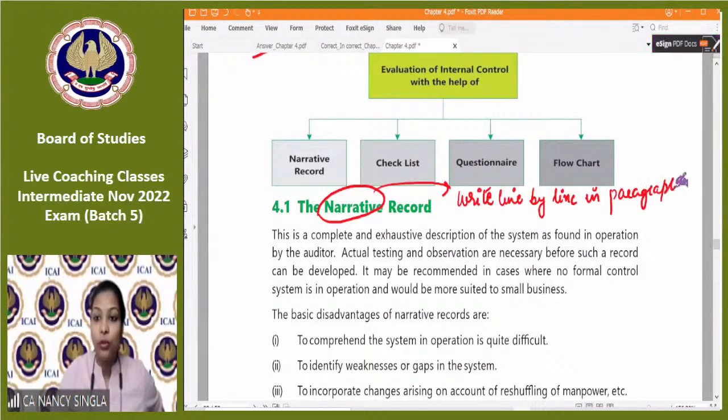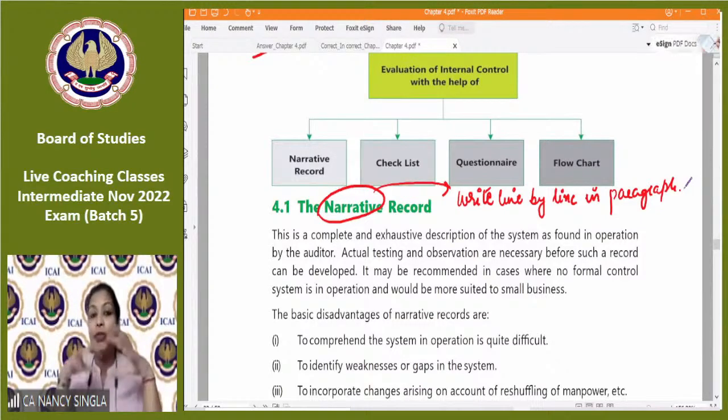Hannah, I told you, example of what? Narrating a story. Okay? So when the auditor or the team is evaluating the internal control, they are giving a complete exhaustive description of the system as found in operation by the auditor. So the internal control is working, Hannah.